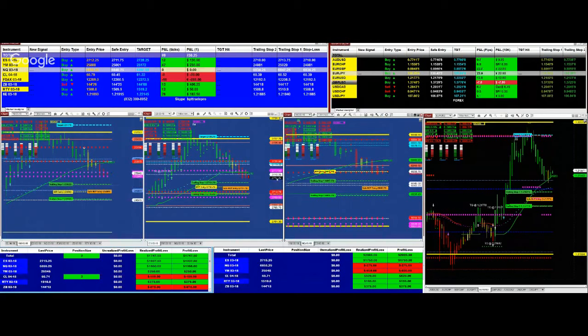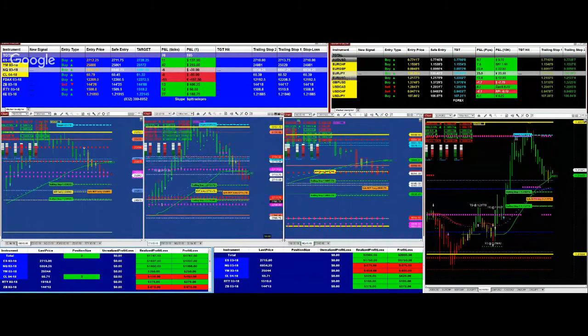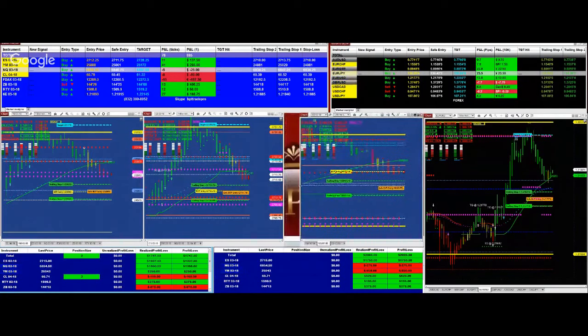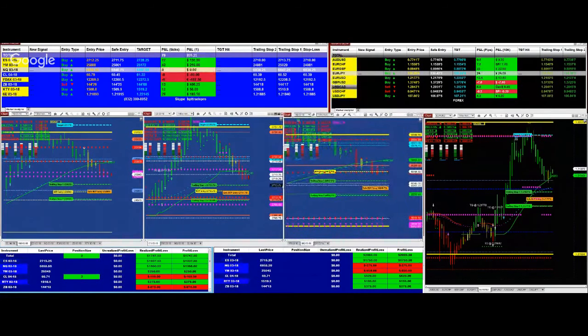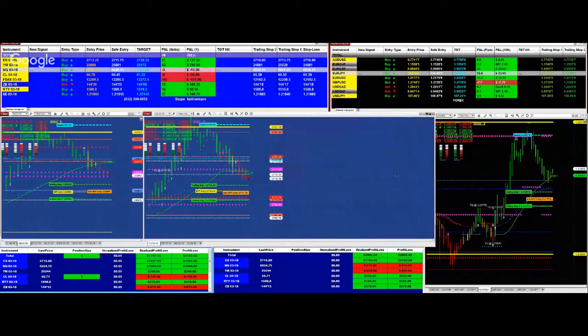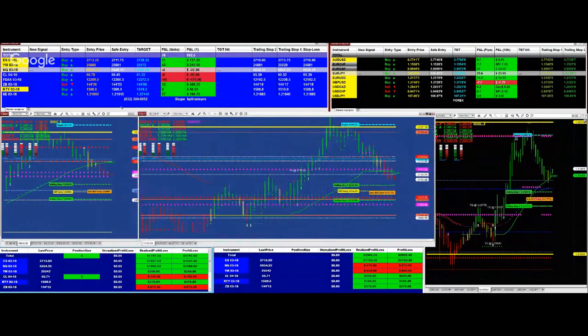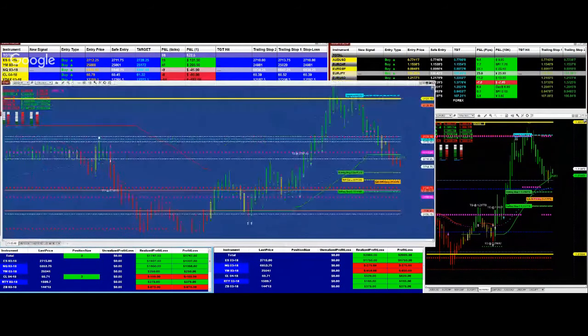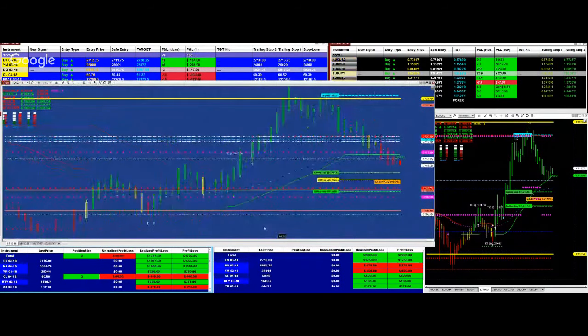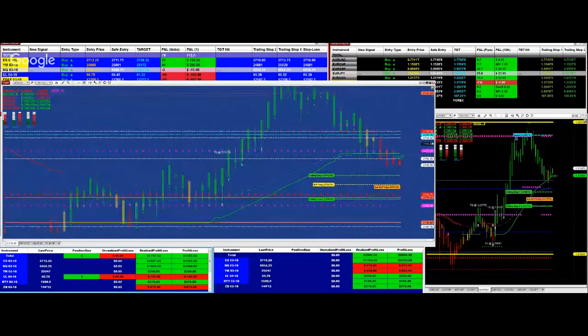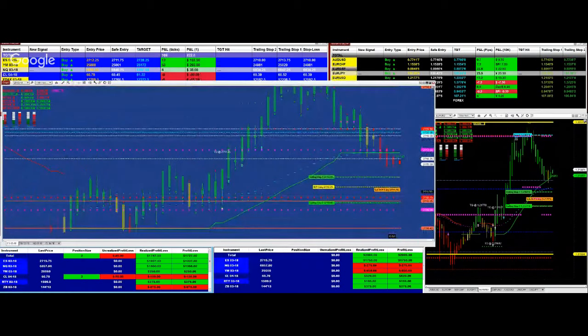So if you notice right now on the ES, let me get it a little bit bigger so you can see it. If we look on the ES right now, this is your first trailing stop. This is your minor trailing stop. This is your re-entry point.